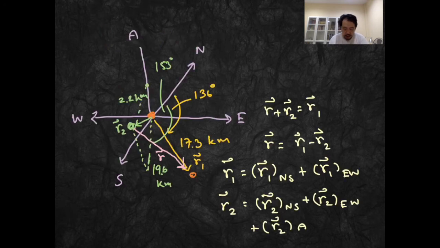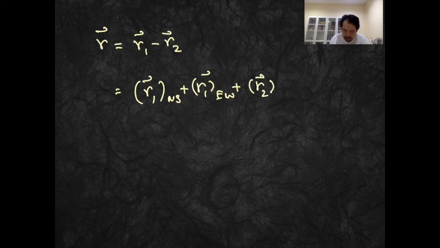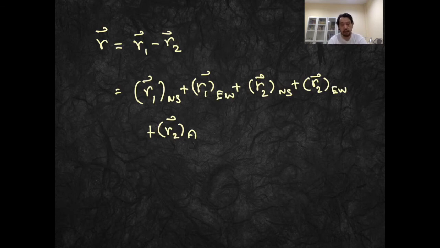Then we can write that R is equal to R1 minus R2, which equals R1 north-south axis plus R1 east-west axis plus R2 north-south axis plus R2 east-west axis plus R2 along the altitude axis.